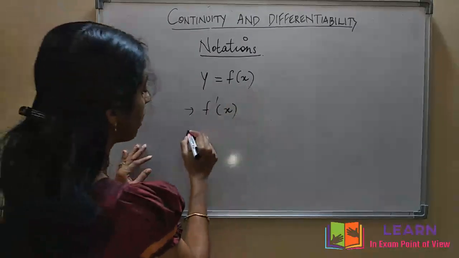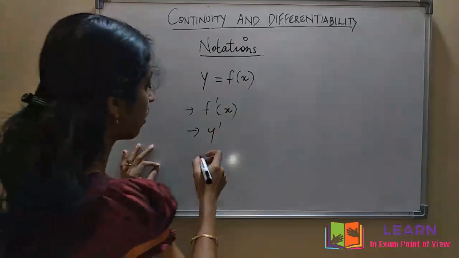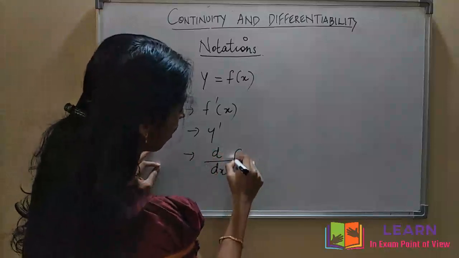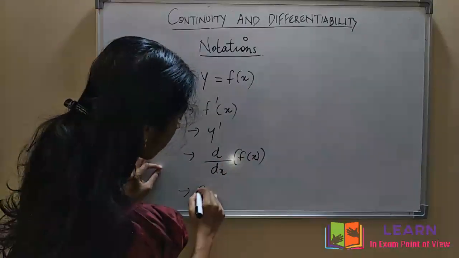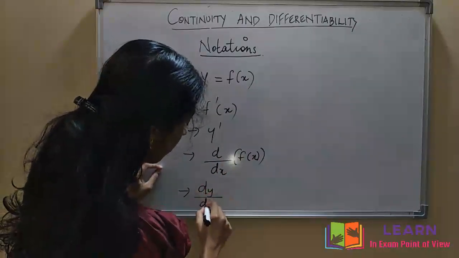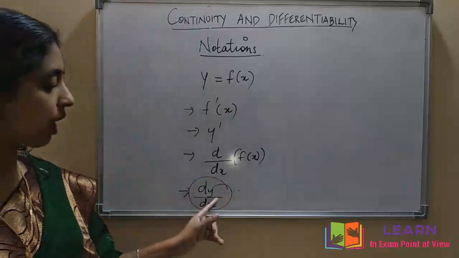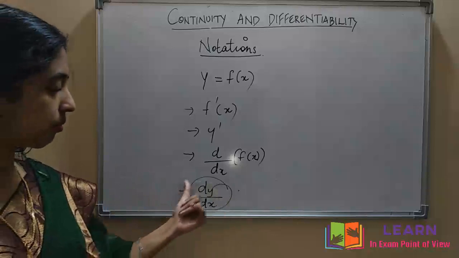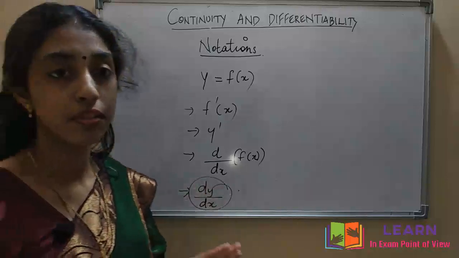Another notation is y dash. Then we can write d by dx of f of x, or otherwise dy by dx. Usually this is what we commonly use. These four notations you can use. Basically we will follow dy by dx. This is the notation for differentiation.